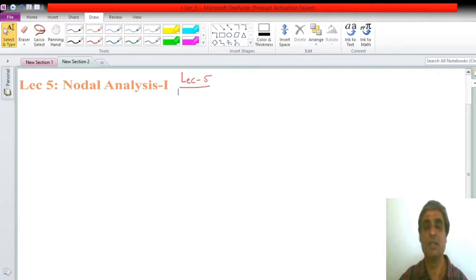In last class we reviewed the independent voltage source and current source, as well as Kirchhoff's voltage law, Kirchhoff's current law and power balance.